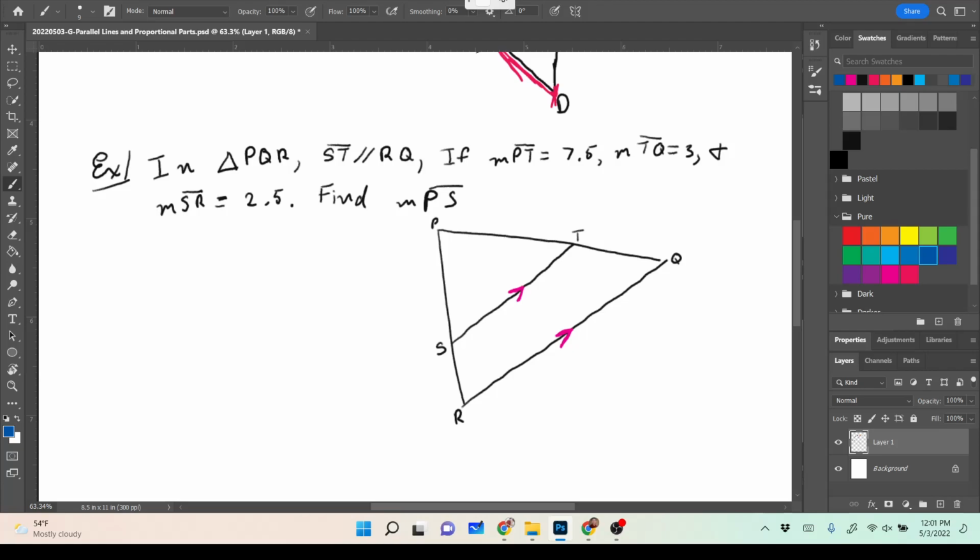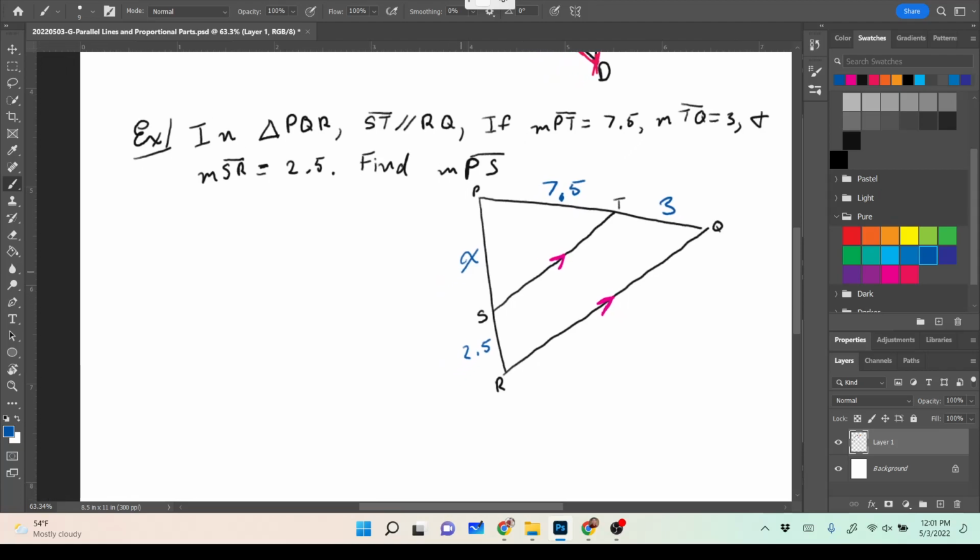So where is PT? On the left. And then where is TQ? Beside it. And then SR? Very bottom on the left. And then PS. So then, yeah, we should set up a proportion. So what's the proportion going to look like?